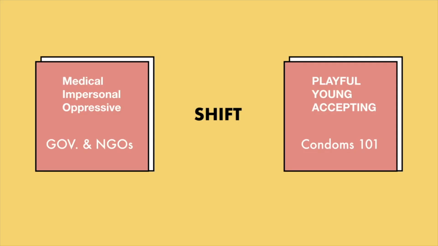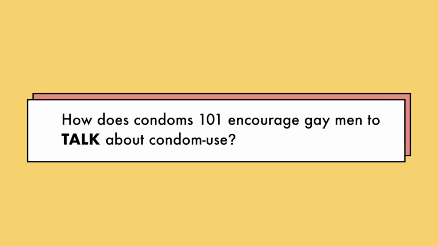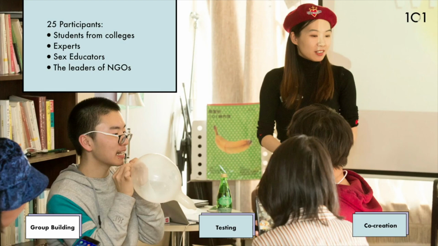The goal for Condoms 101 is to shift the perception of condoms from being something formal and medical to something personal, from obsessive to playful, young, and accepting. So how does Condoms 101 encourage gay men to talk about condom use? We held a workshop in March at U Space in the Haidian district, which is near the campus.